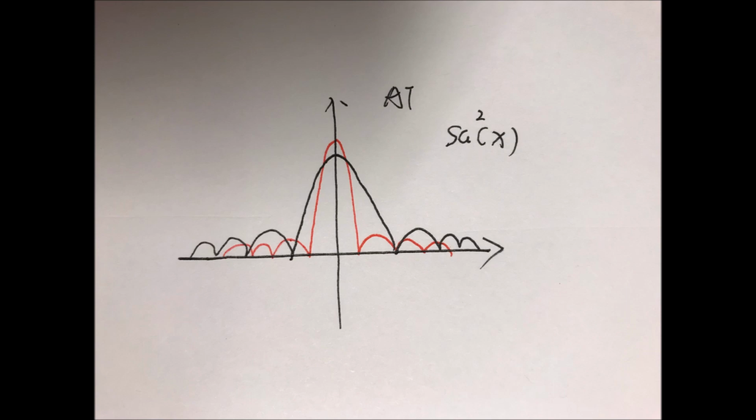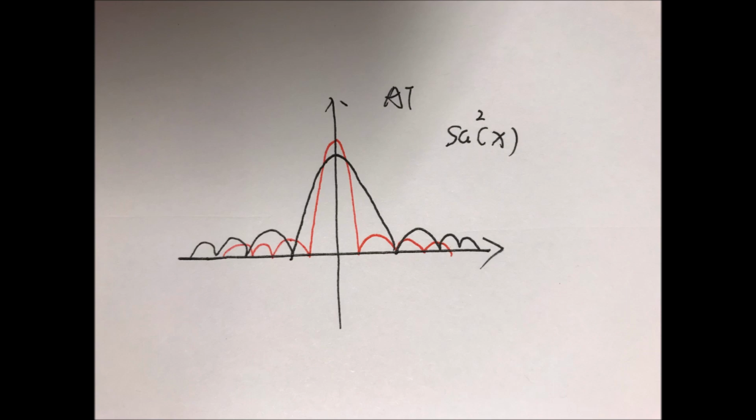When T gets bigger, I have the blue one. Even bigger, I have the next one, and finally when T goes to infinity, I get an impulse.